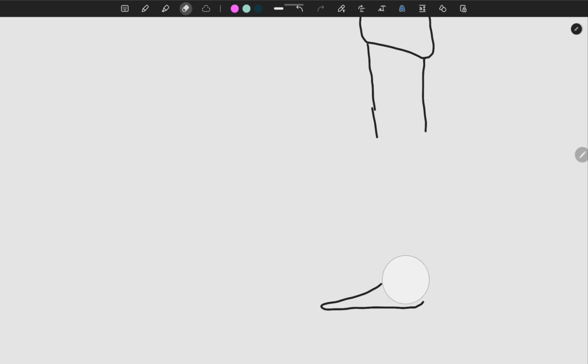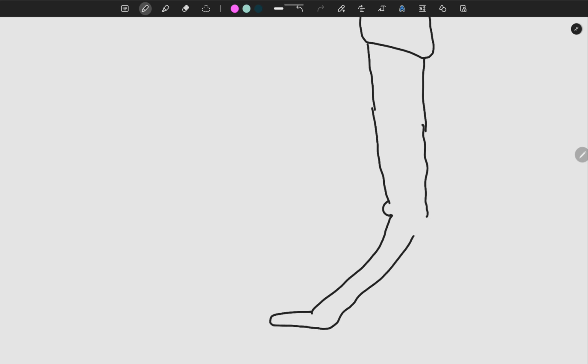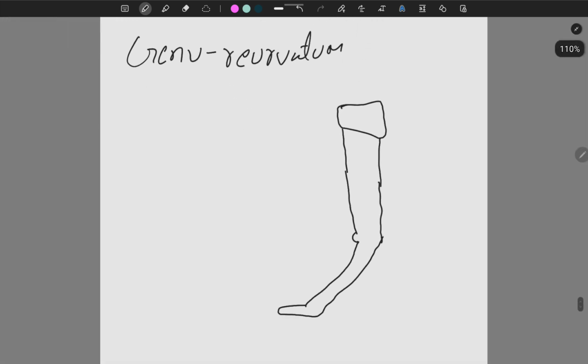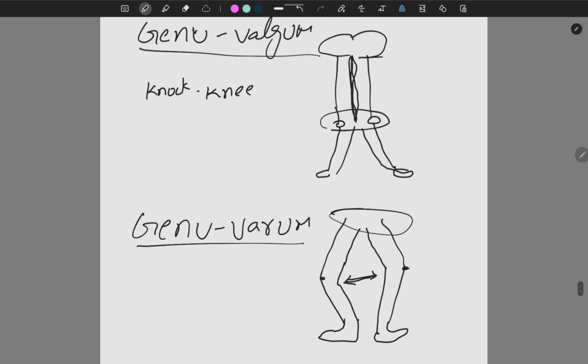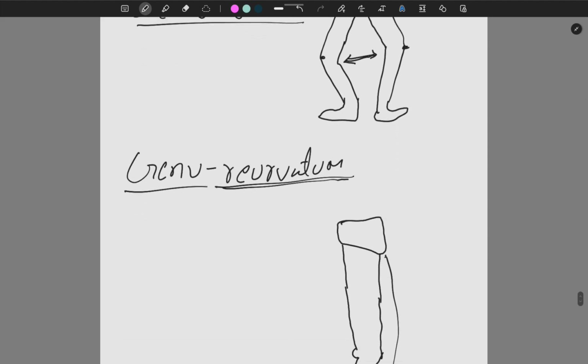This is the knee, and this is the foot. This kind of feature we can see in the case of genu recurvatum. The posterior of the knees are curved. So these are the three types of lower limb deformities.